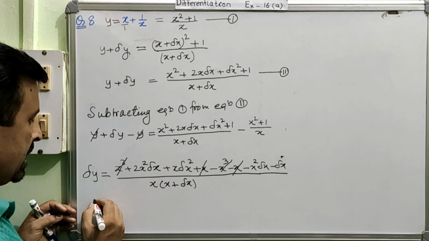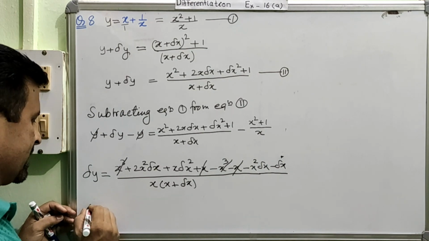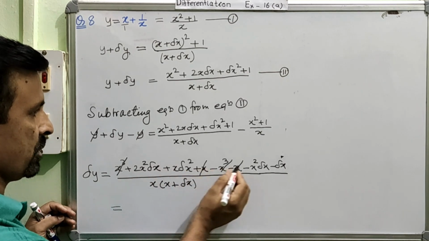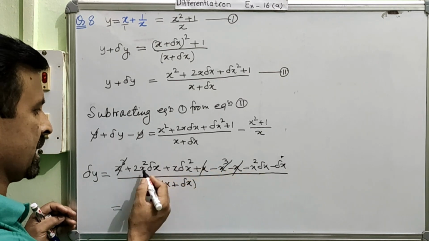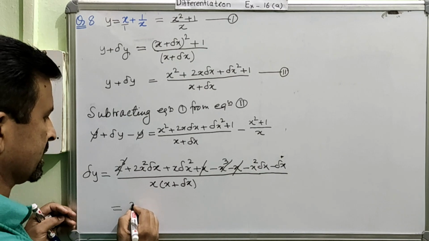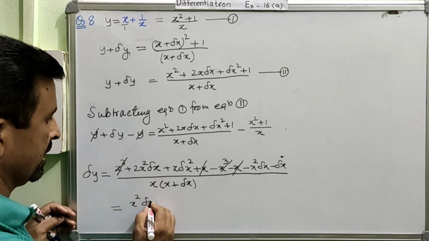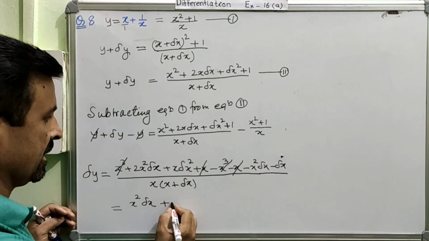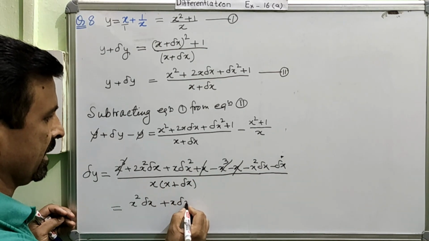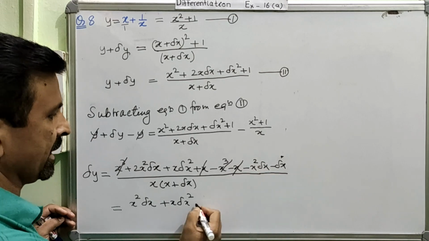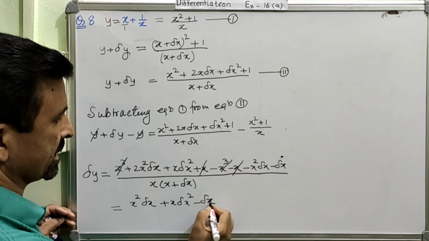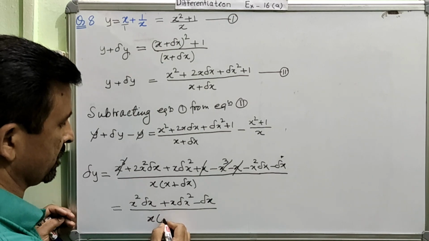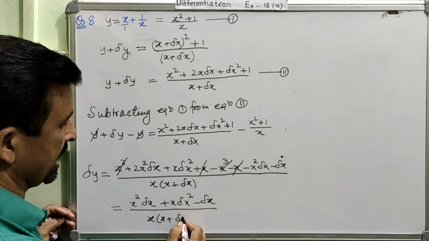So let me simplify, and the result of these two will become x square delta x. Understood? And this is plus x delta x square and then minus delta x, divided by x into x plus delta x.